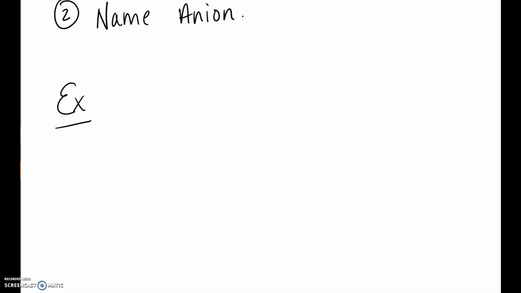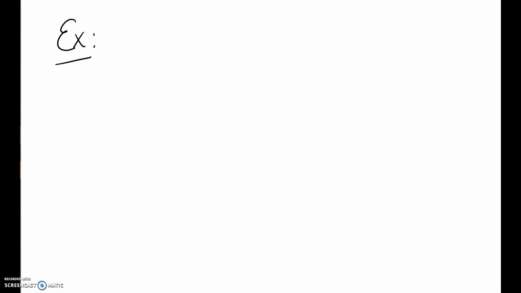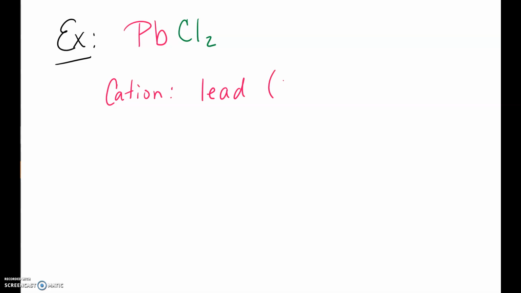Let's look at an example. So let's say we have PbCl2. The cation is lead(II), and the anion is chloride.